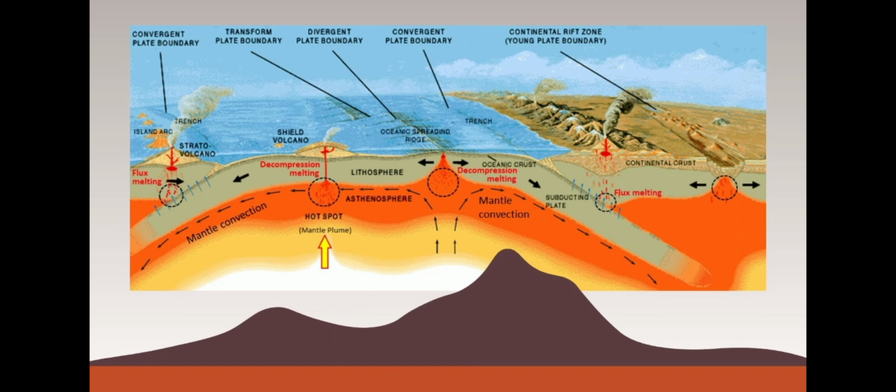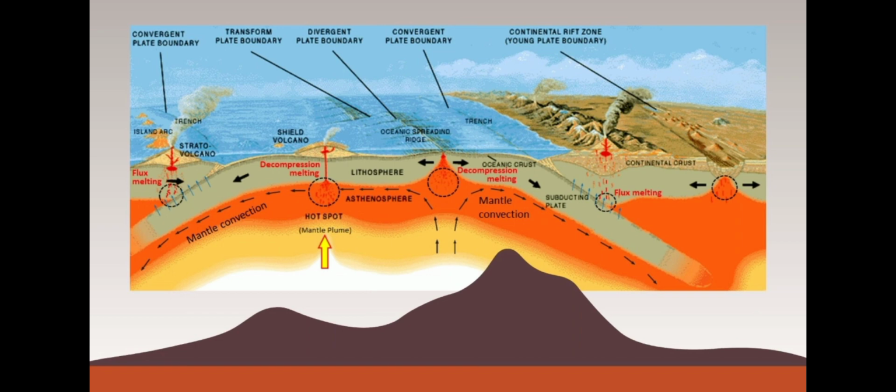The mid-ocean ridges also have decompression melting. At mid-oceanic ridges, tectonic plates are diverging, and mantle material rises to fill the gap. As it ascends, the pressure decreases, leading to melting.